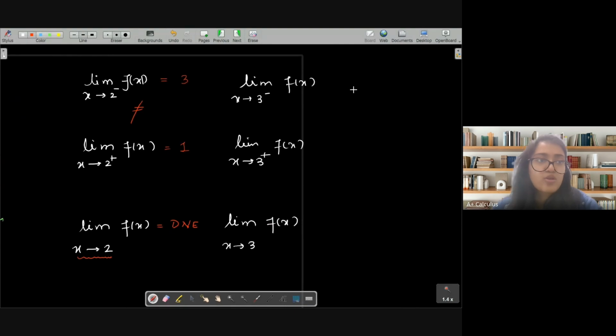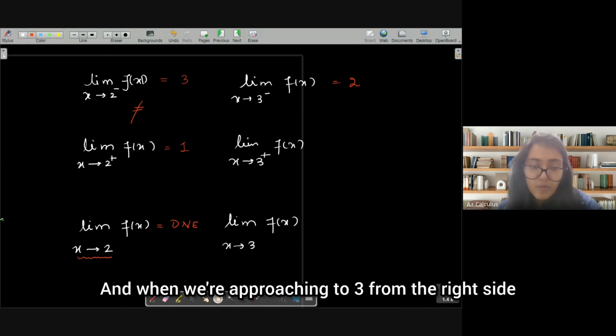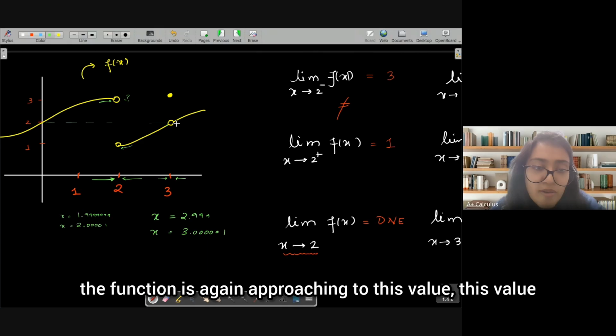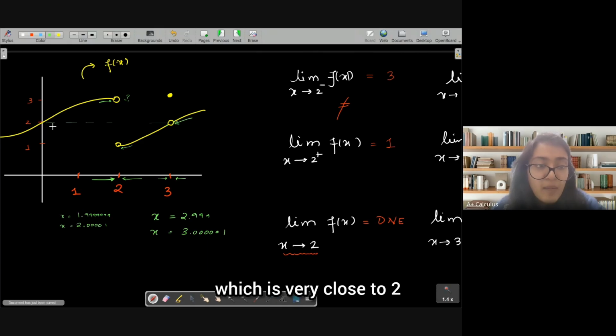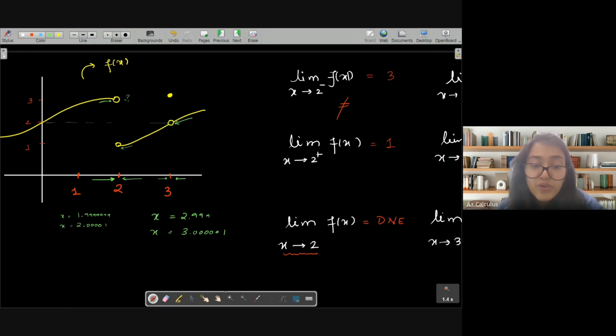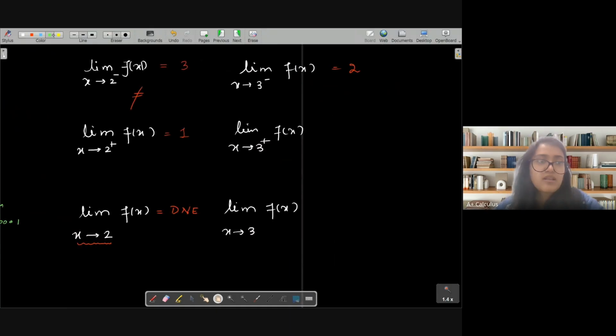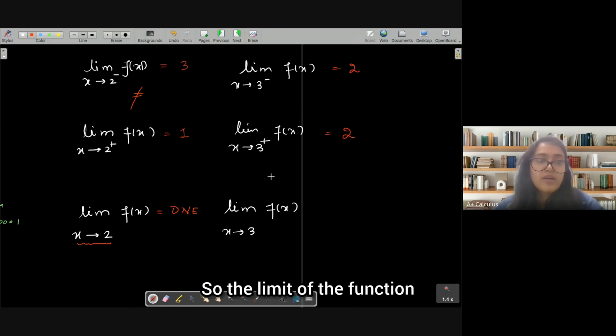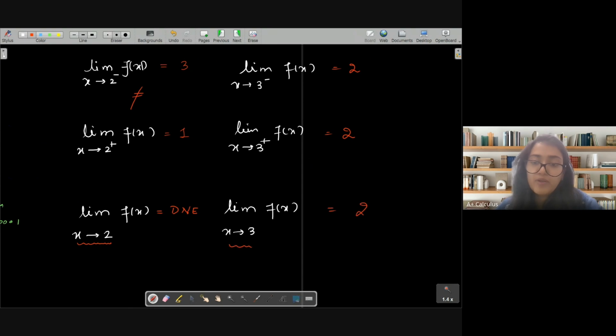So this is again 2. Now this time the left-hand limit and right-hand limit are both equal, so the limit of the function when x approaches 3 will be 2.